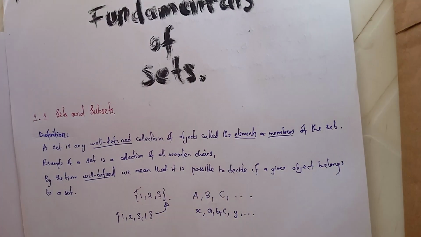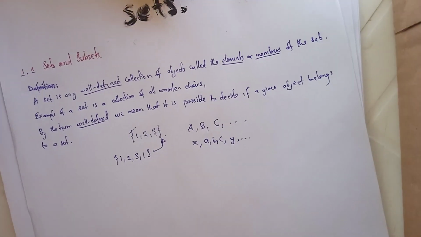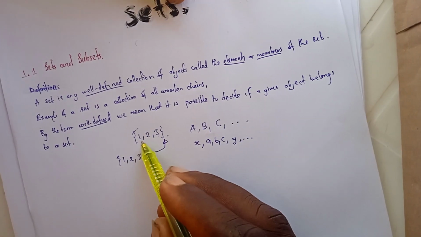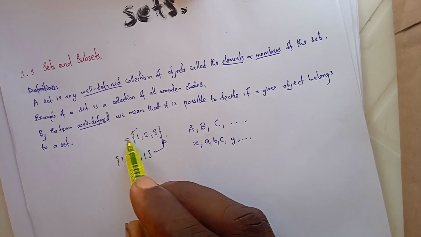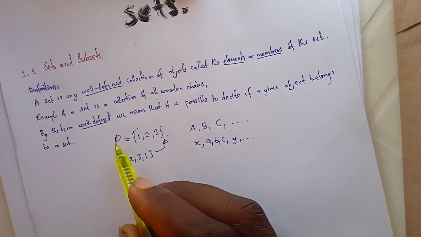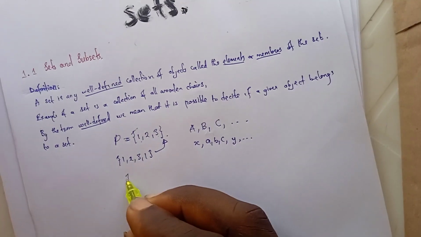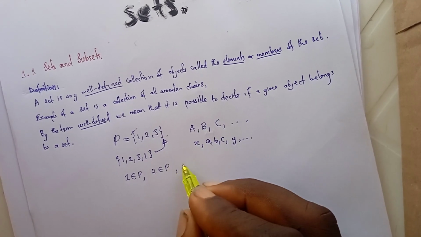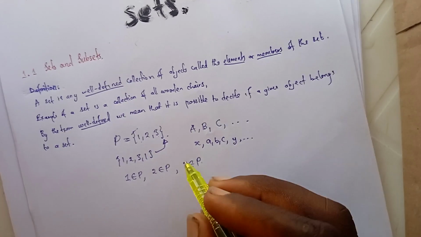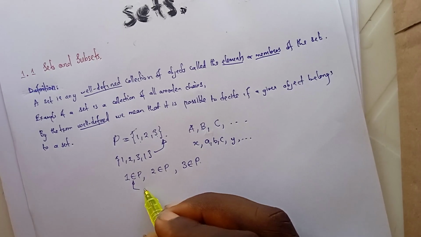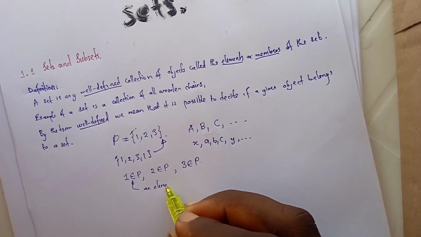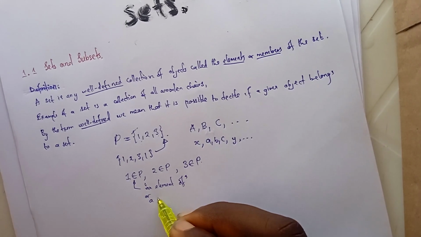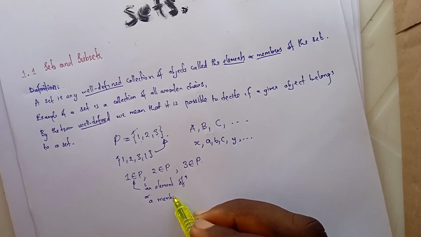Now, there is a way we use to indicate mathematically that a set has members, or should I say a certain member belongs to a set A. For instance, if we call this set P, 1 is a member of P, 2 is also a member of P, and 3 is also a member of P. This symbol stands for "an element of," or "a member of."